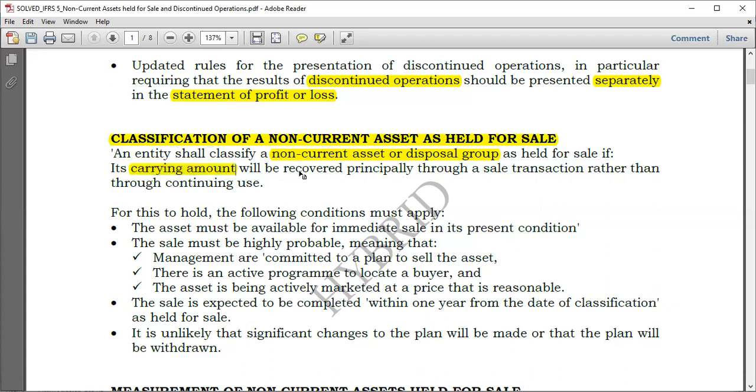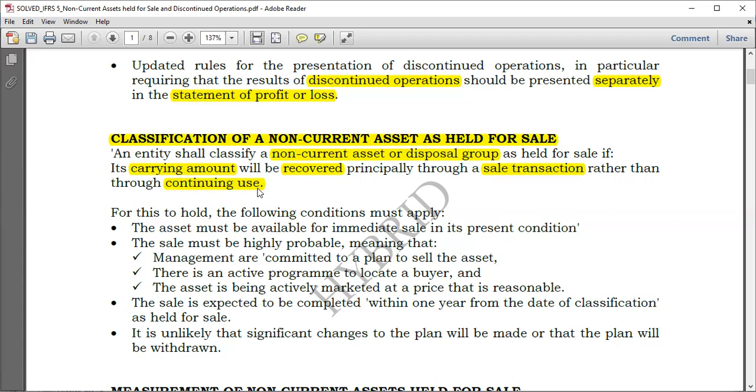Recoverable amount. Do you see these two terms here? And now we classify a non-current asset if this carrying amount can be principally recovered through a sale transaction. We say that recoverable amount could be either through a sale, which is fair value less cost to sell, or value in use, so through continuing use. Do you see that?